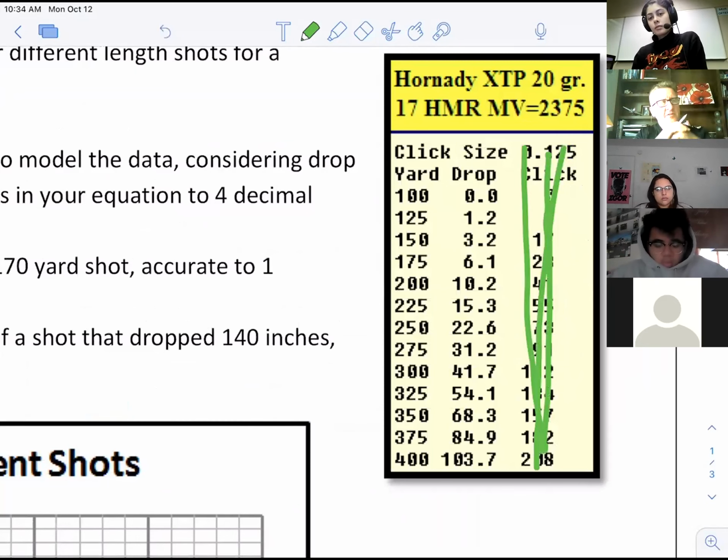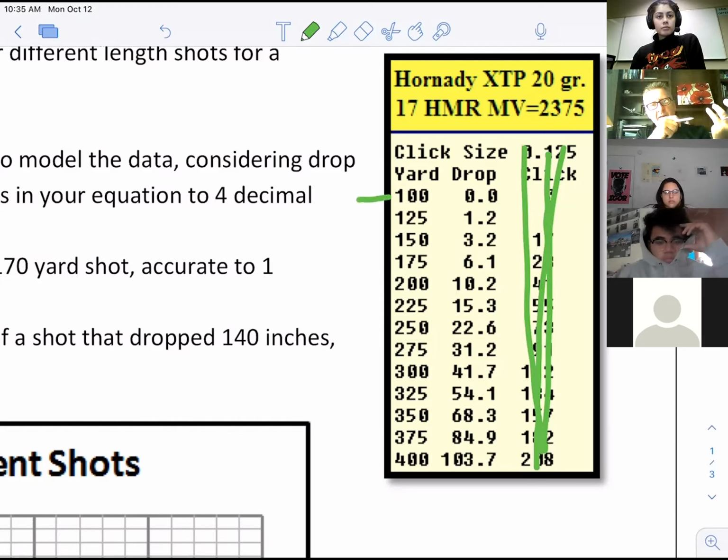But this is a chart, and I wrote the Math 96 book, so I found this chart online, and I just screen captured it and cropped it out and stuck it in the book. What this is explaining is the relationship between how far you shoot your gun and how much the bullet drops. Notice the scope on this is sighted in so that at 100 yards, if you aim at the target, it'll hit the target.